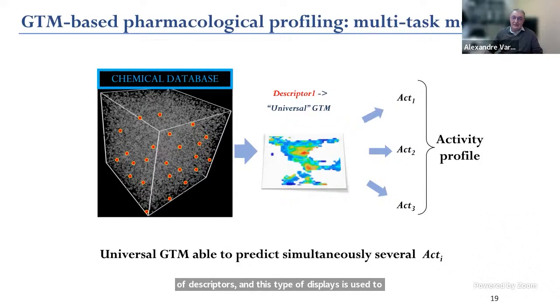Another scenario corresponds to multitask modeling, in which we select one common type of descriptors, which allows us to build one sole map able to predict different activity classes. We call this map, which predicts many different activities, universal.